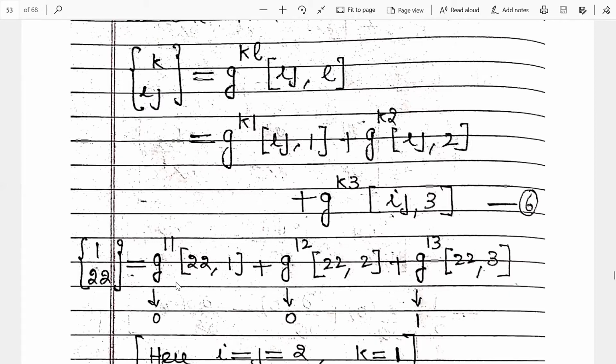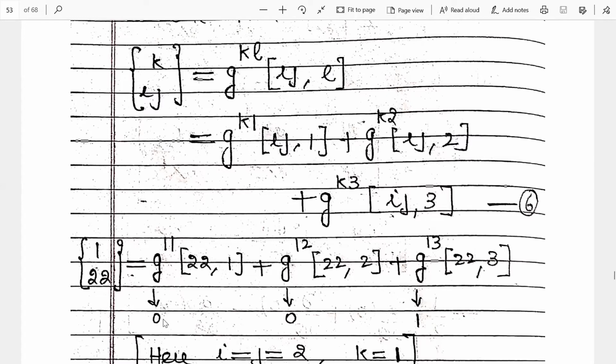So in this equation, we need these values that we already found. If we need to, we can find them again. Now we know, what is g^11?